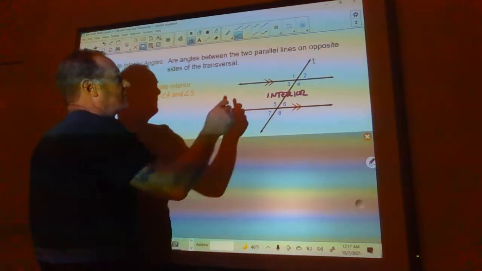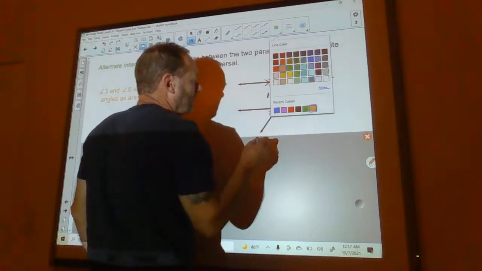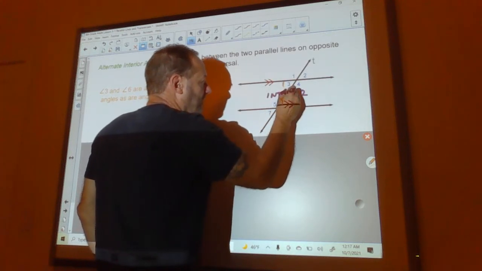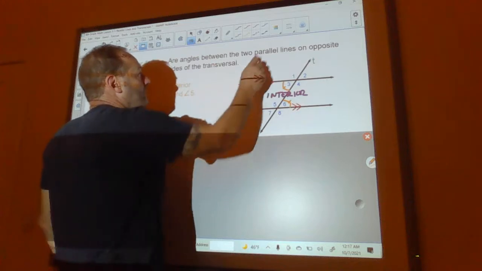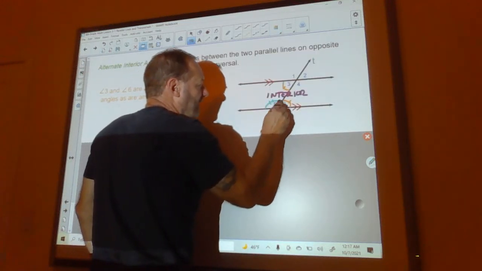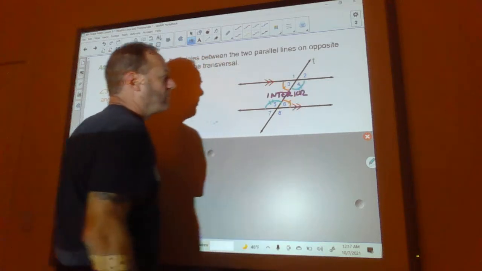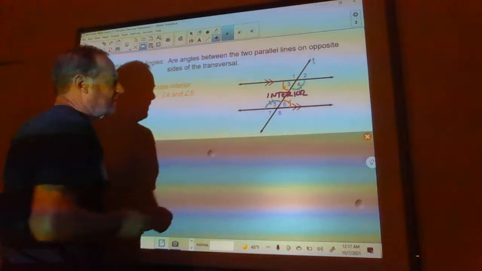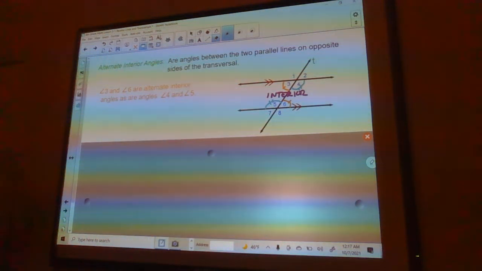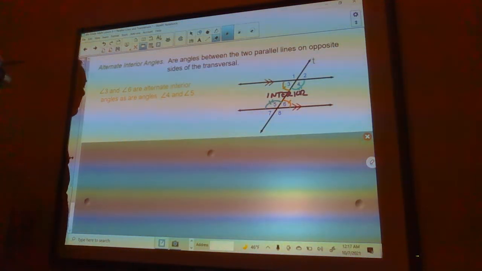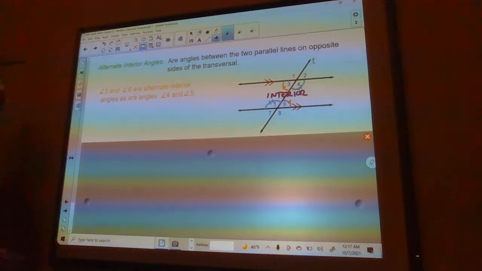And alternate interior angles would be angles like 6 and 3 and 5 and 4. Those are alternate interior angles, and they are the same. So angle 3 and angle 6 are alternate interior angles, as are angles 4 and 5.